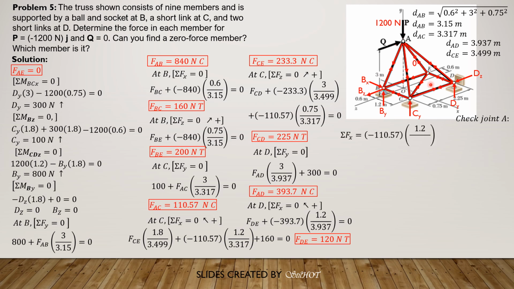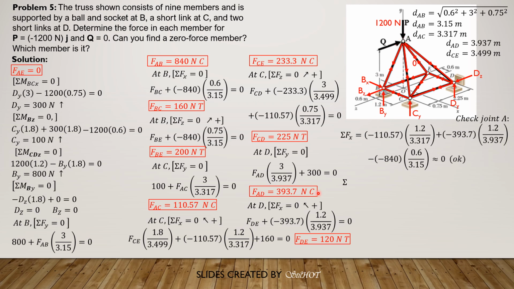So everything is found. Then all you have to do is check joint A. Summation forces X, of course, positive in the X direction. So we start with FAC, which is negative 110.57 times 1.2 over its distance 3.317 plus FAD, which is negative 393.7 times 1.2 over distance 3.937, then minus FAB.